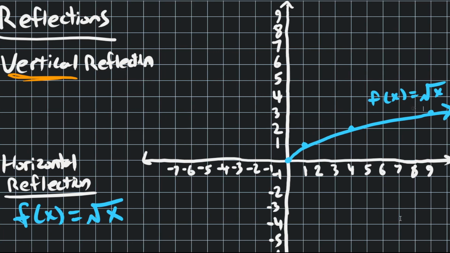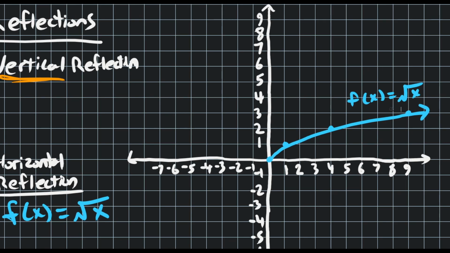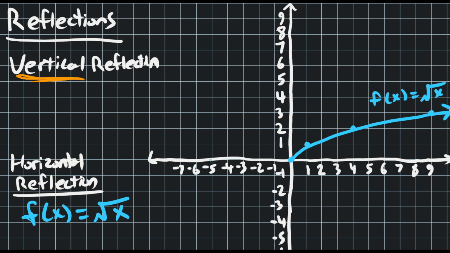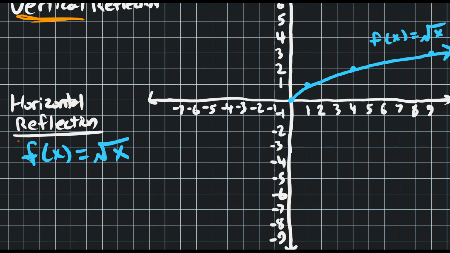And what we're going to do is perform a horizontal reflection on f of x. In a horizontal reflection, it reflects across the y-axis. So we are going to take this f of x function and reflect it across the y-axis. So how do we do a horizontal reflection? Let's define a new function, g of x.